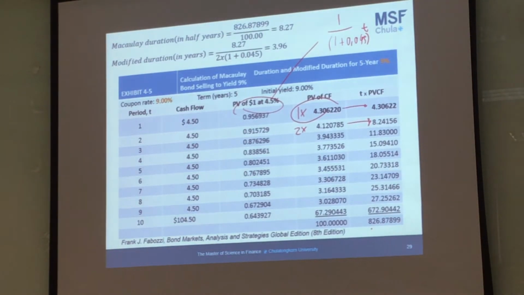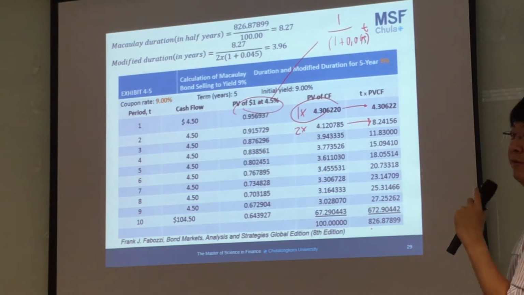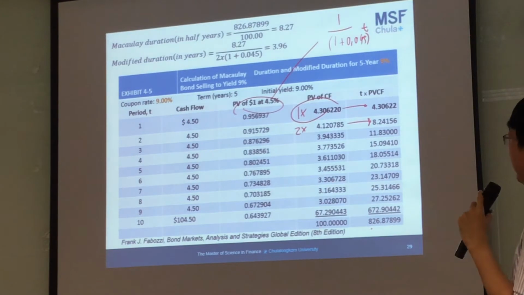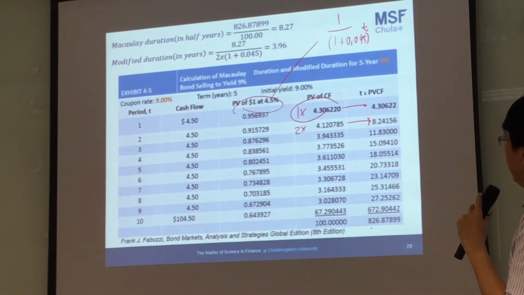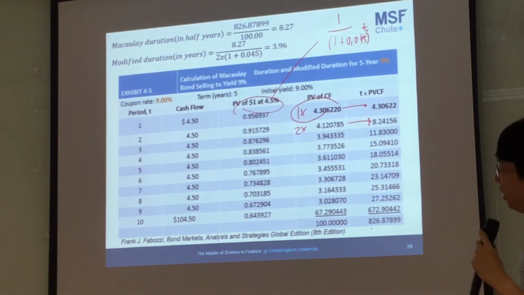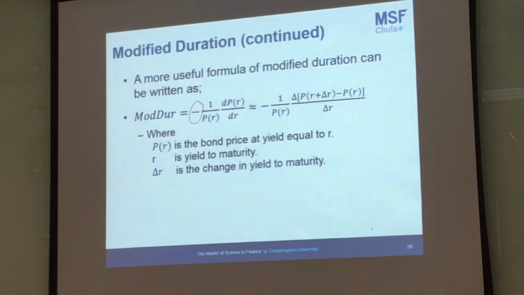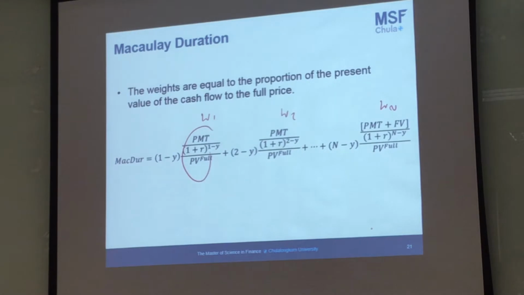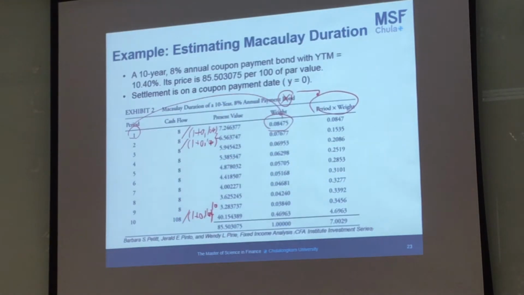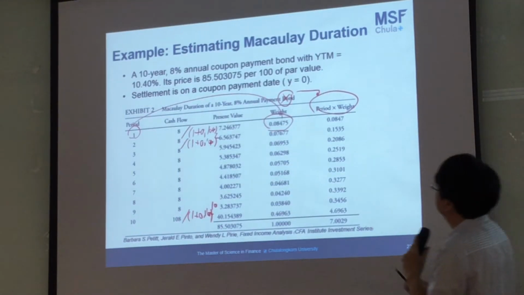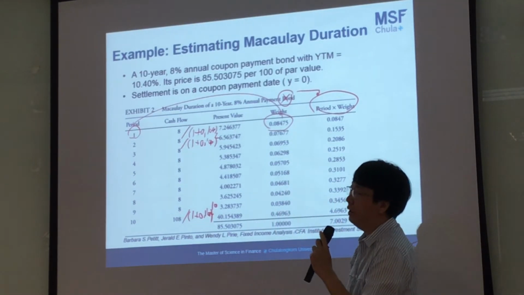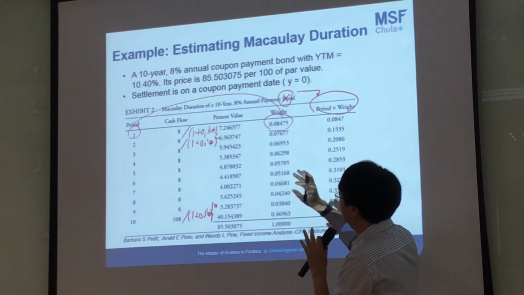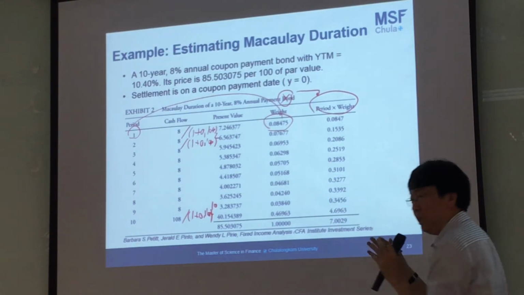Multiplying by the period means that it's the reinvestment of the previous. For this case, maybe it's a bit hard to interpret. Maybe this example may be easier to interpret. It's just a step in between, which I'm not going to explain, just a work in process.